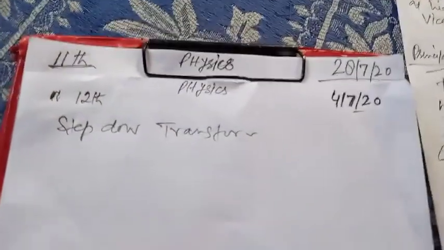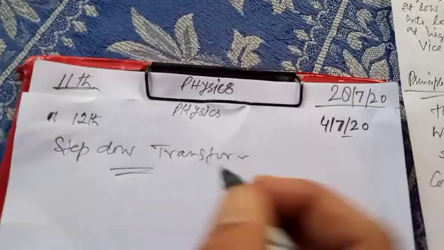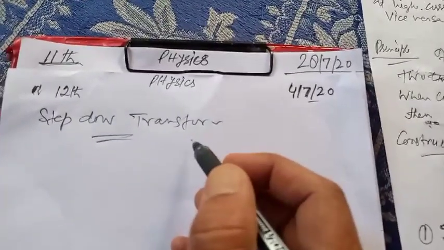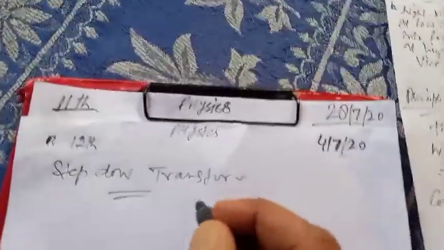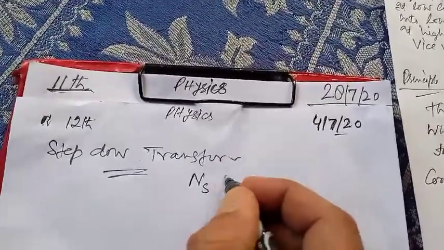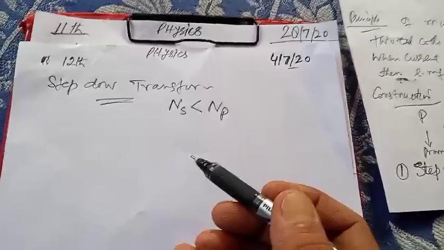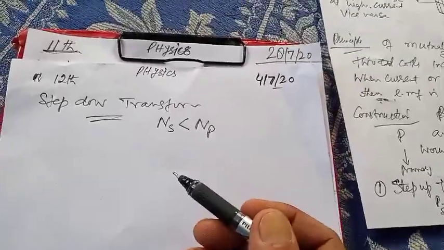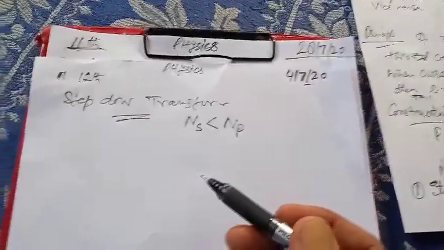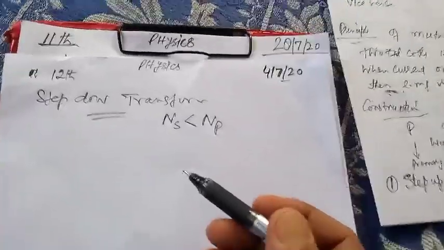In a step down transformer, the number of turns in the secondary coil is less than the number of turns in the primary coil, that is NS is less than NP. If we have fewer turns in the secondary coil as compared to the primary coil, we get the step down transformer.